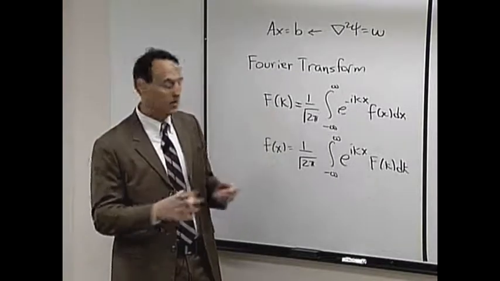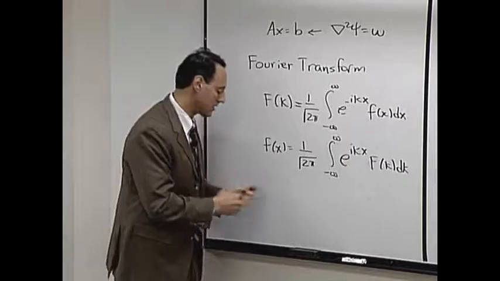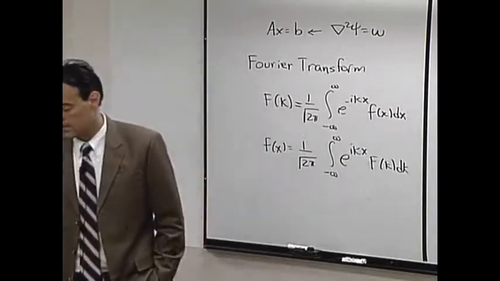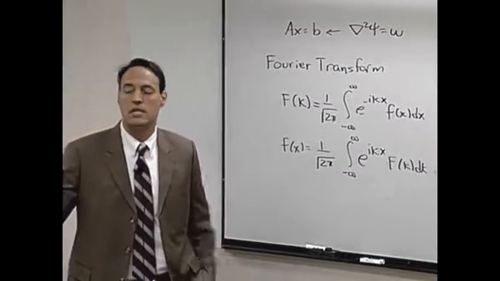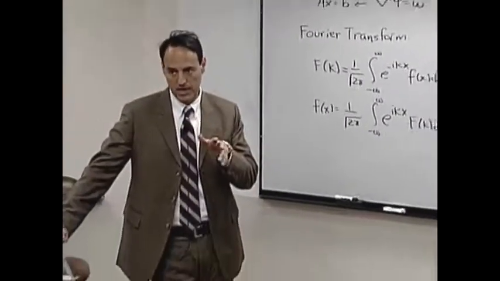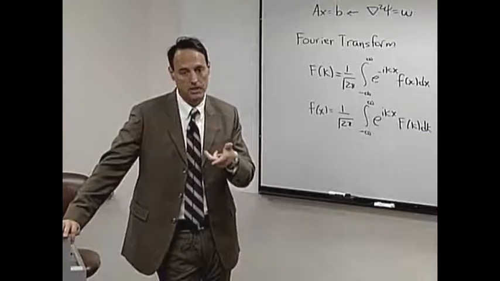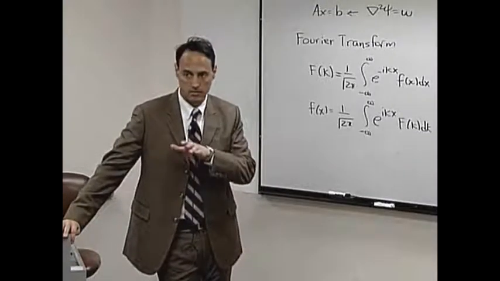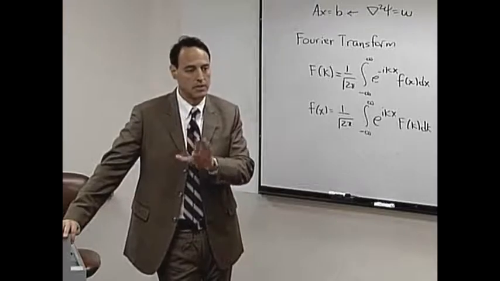Okay? So what the Fourier transform, why it is so famous in some ways, is that Fourier in the early days of analysis said, look, you know what? I can take any function you give me, and I can, in fact, represent it as a sum of sines and cosines. Okay? So sort of it was kind of a revolutionary idea back then.